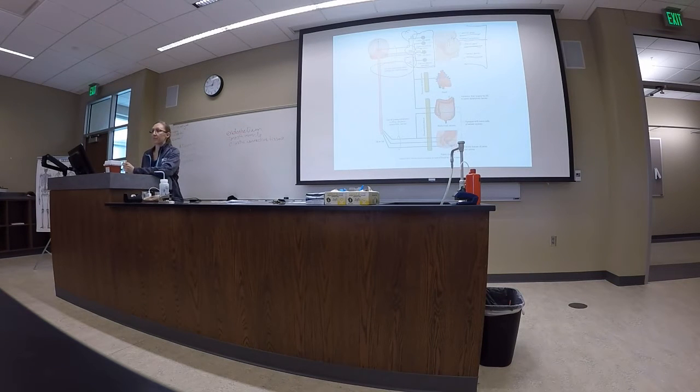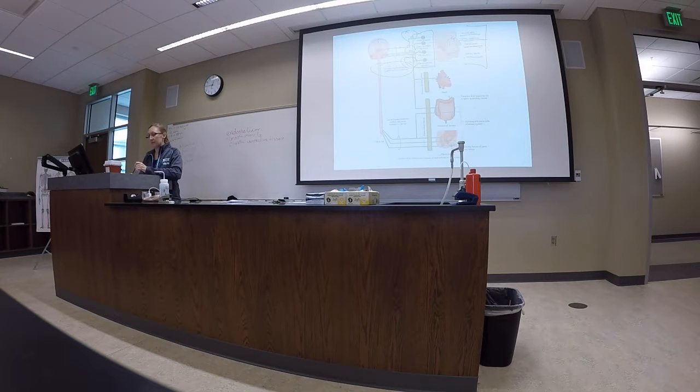You said these ganglia are very close to the actual gland or organ? Yes. So for the parasympathetic, all of the ganglia are very close to the target organ. Cranial nerve 10 is also known as the vagus nerve.